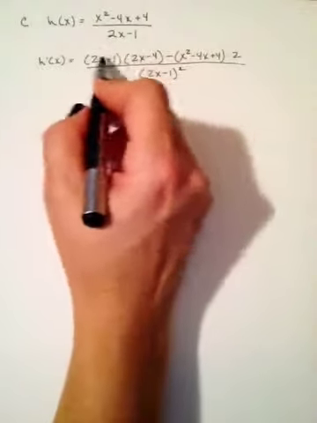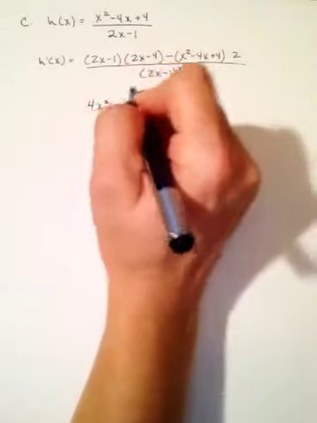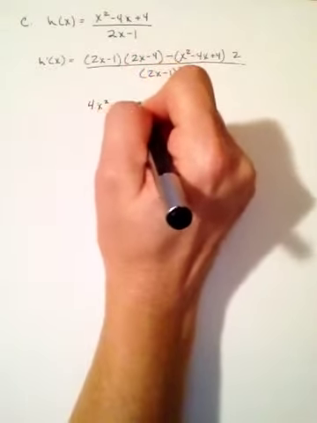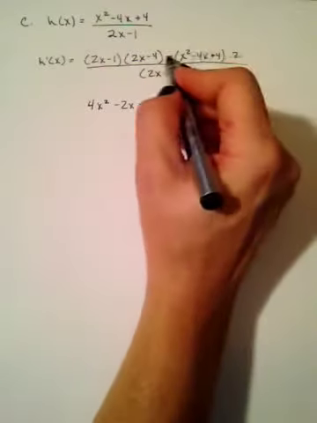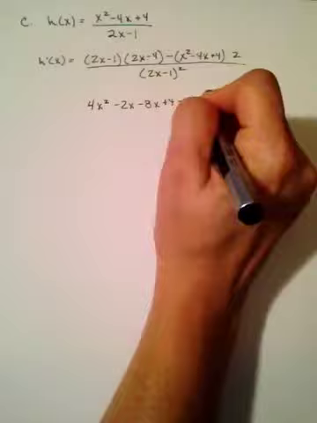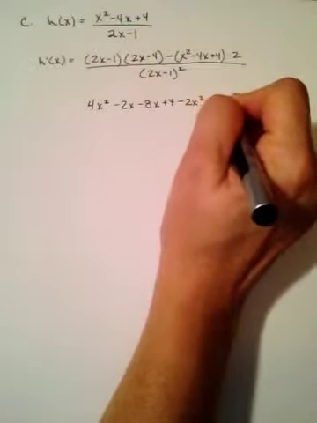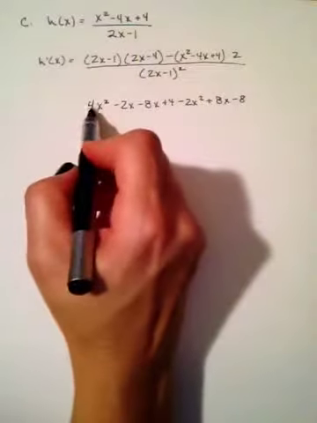So when I multiply these two together, I get 4x squared minus 2x minus 8x plus 4, and I'm going to go ahead and distribute a negative 2 into this. So minus 2x squared plus 8x minus 8. I'm going to combine like terms.